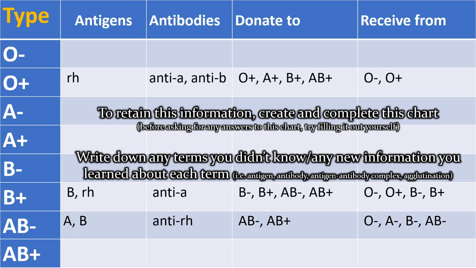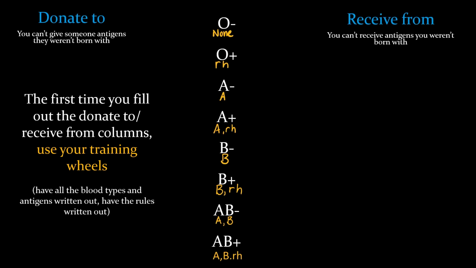So for anybody that's having trouble with the donate to / receive from, my advice to you is the first time you fill out those columns, make sure you're using those training wheels. Have all those blood types written out, have the rules written out, visually cue yourself through the whole process, think through every step.